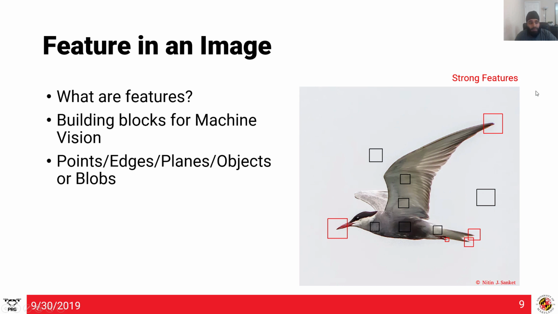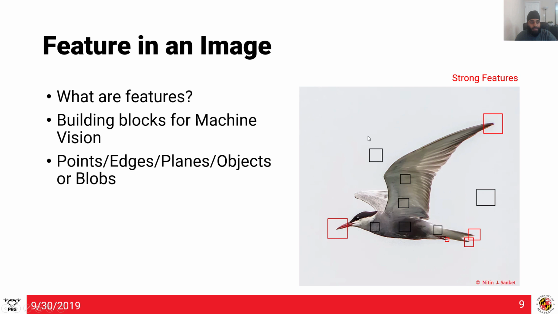The red local patches that you see are called strong features, because they most likely would be unique in the next frame. We call them good features; they are generally more sharp or have high frequency characteristics. Whereas your weak features, the ones denoted in black, are weak because they don't have any pattern change, or they don't have very high frequency, or they are repeatable.